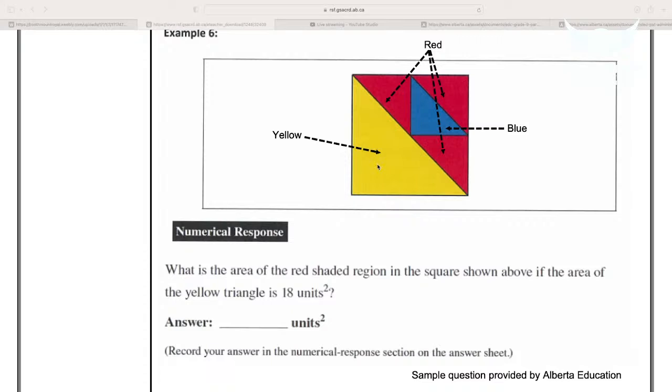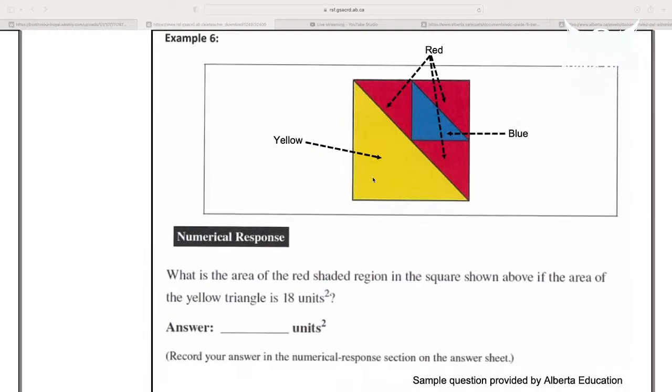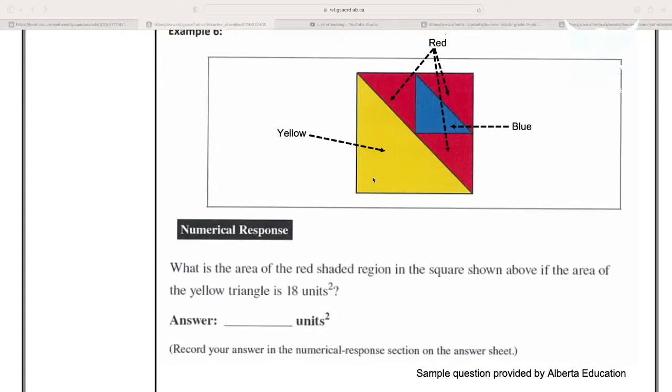We're given a square. If yellow equals 18, then the red region equals 18, and it has been divided into 4 equal regions, like 3 red triangles and 1 blue triangle.